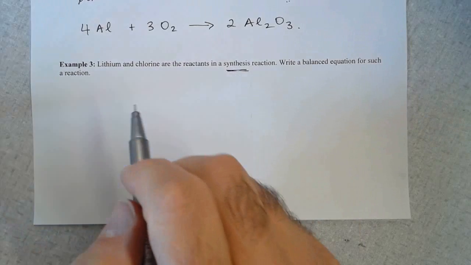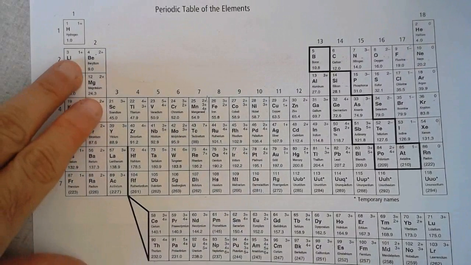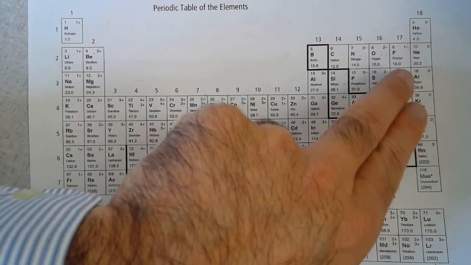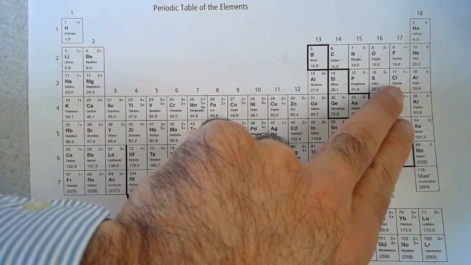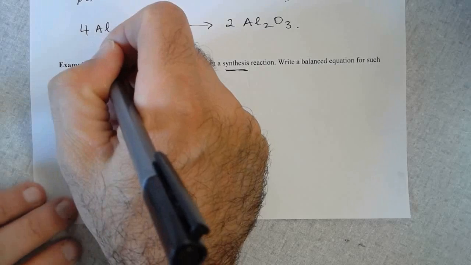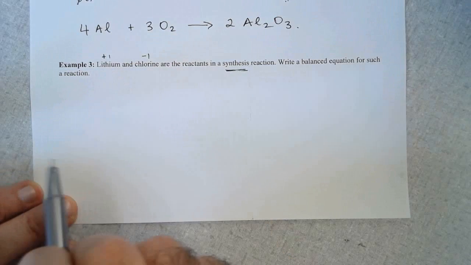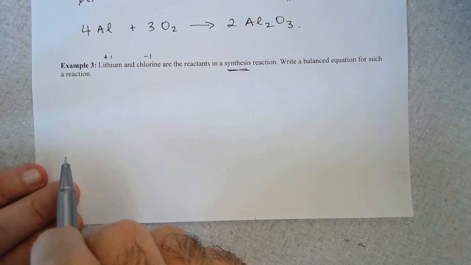Let's take a look at our periodic table, and we see that lithium has a charge of +1, and the chloride ion will have a charge of -1. So +1 and -1, meaning we only need one of each in order to get our neutral compound.